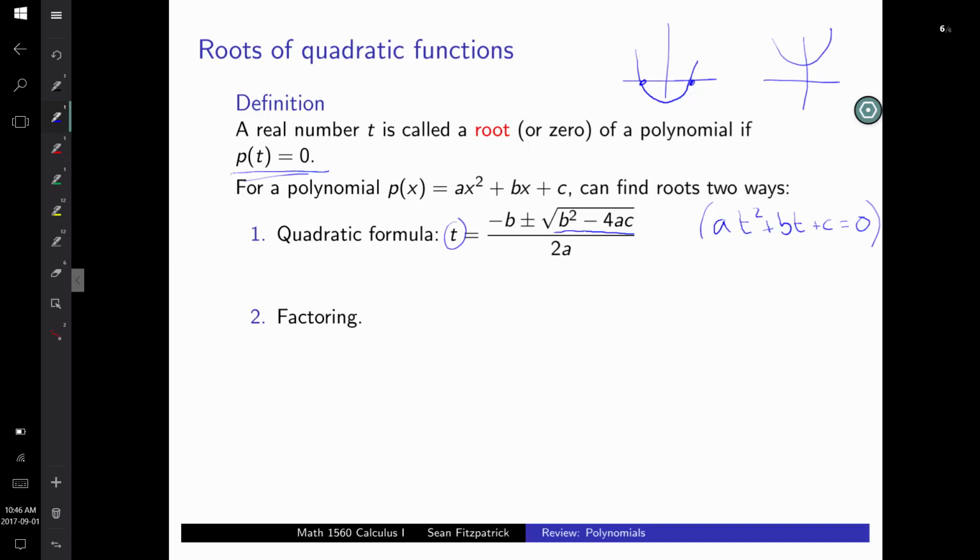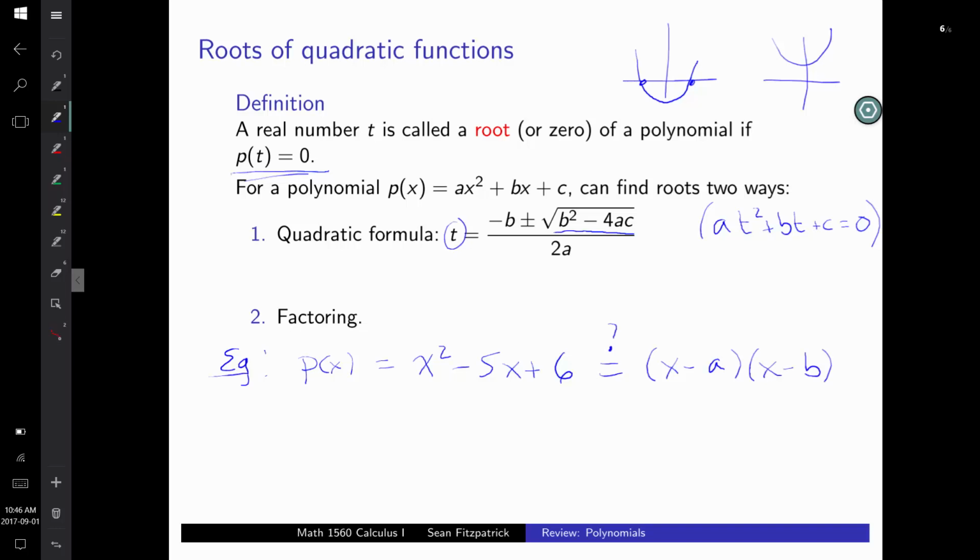If you're lucky, you could also try factoring, right? Factoring is a bit of an art form, but with some practice, you can get the hang of it. So what you want to do is ask, can I write this as a product like this, x minus a times x minus b?